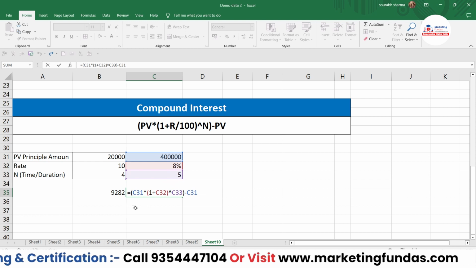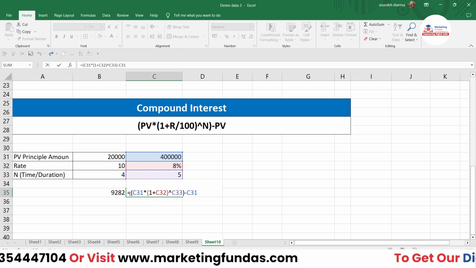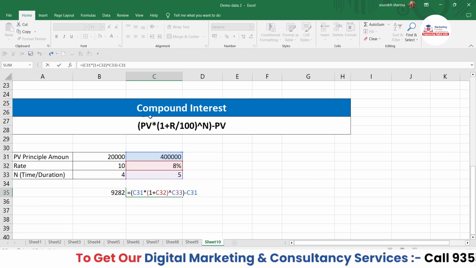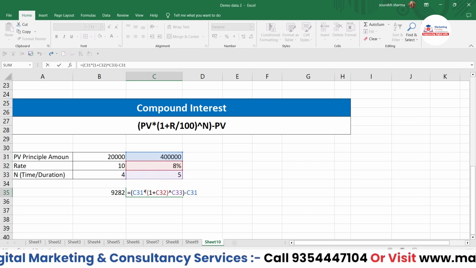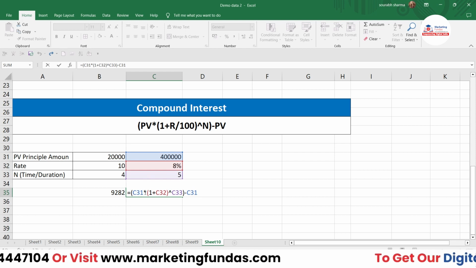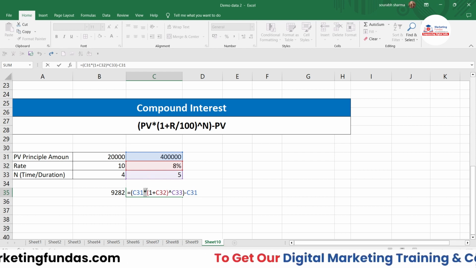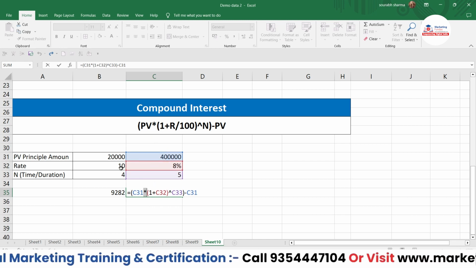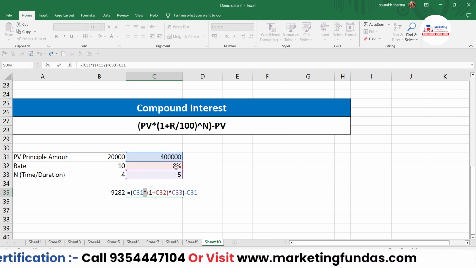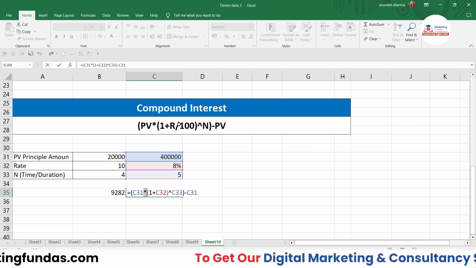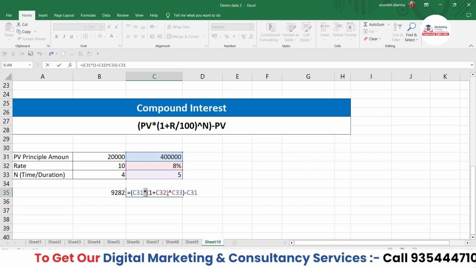I have just applied the formula, like is equals to bracket open, then the principal value, then I forgot to add the multiplication sign here, then you have to apply multiply, then bracket open, 1 plus then rate of interest, because here I have applied the percentage mark, that's why I don't have to apply the divided by 100 mark, right?